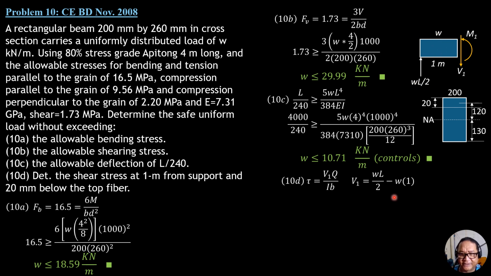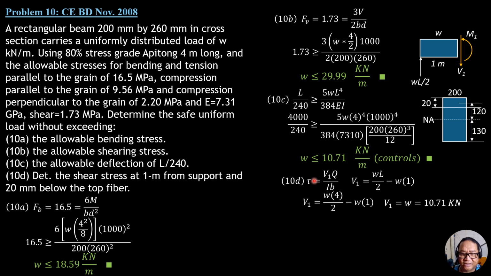That's W times 4 over 2, so 2W minus W, so W kilonewtons. So shear 1 is 10.71 kilonewtons, or 10,710 newtons.